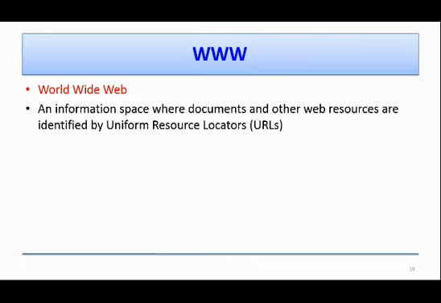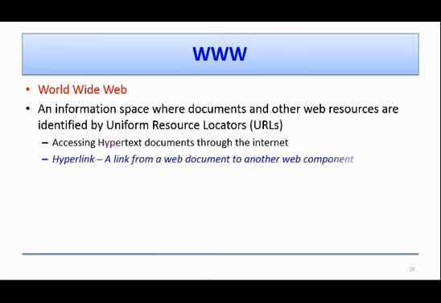URL means Uniform Resource Locator. So by using the URL we can access a particular web resource. It may be a document or any other web resource. That means it may be an image, a video, or audio, something like that, right?